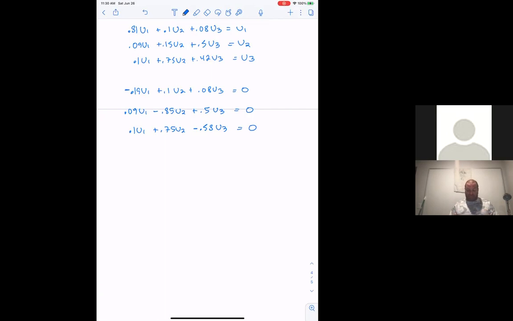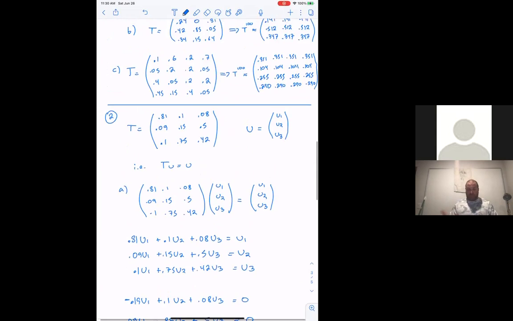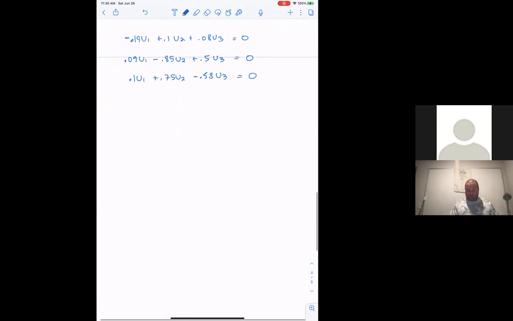And the reason it does not exist is because there's an obvious solution to the situation: letting U1, U2, and U3 all be 0. If you let U1, U2, and U3 all be 0, this will automatically be true. But that's not valid. Of course it's true, because if you multiply by the 0 vector, you get the 0 vector back. We are looking for a non-zero vector solution.